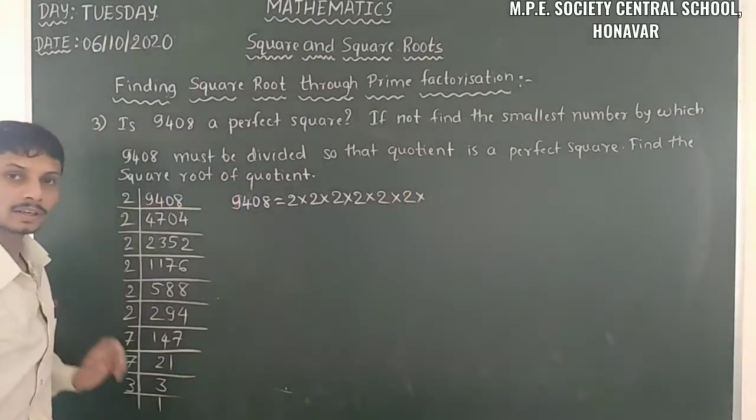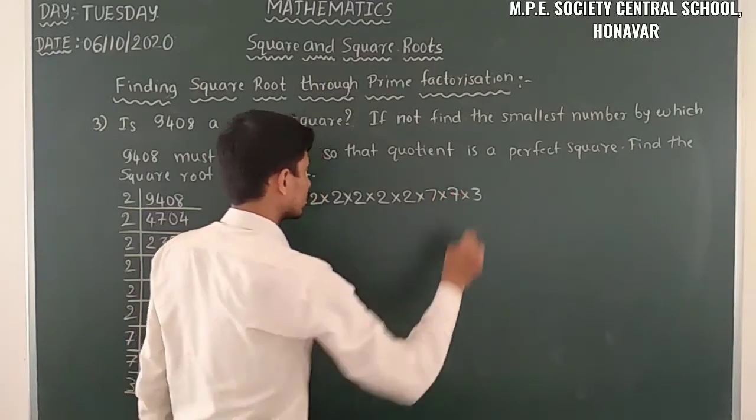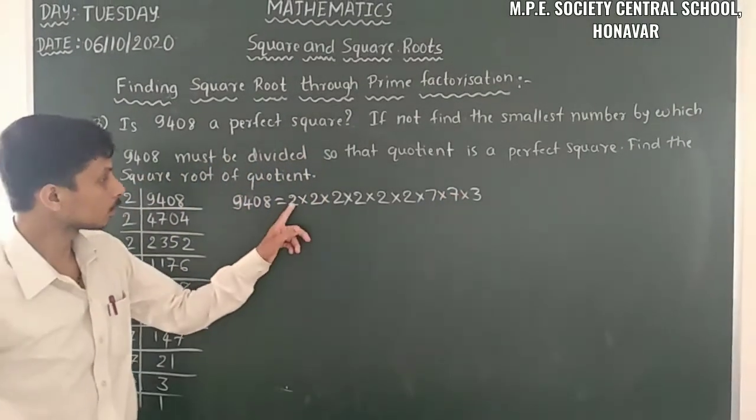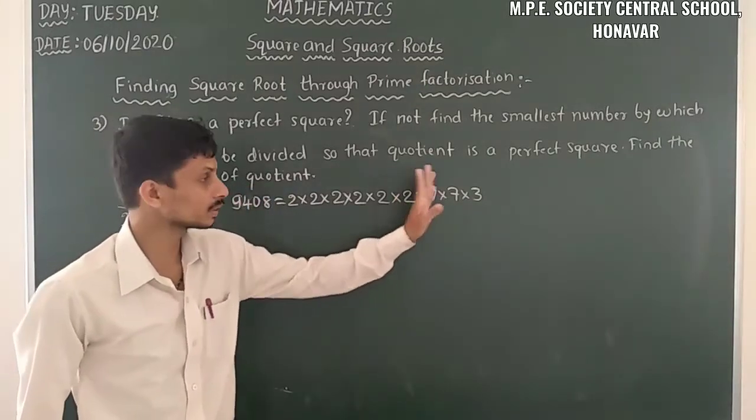Then 7 into 7 into 3. So just observe how many 2's are there: 1, 2, 3, 4, 5, 6. And how many 7's are there? 2 7's are there, 1 3 is there.